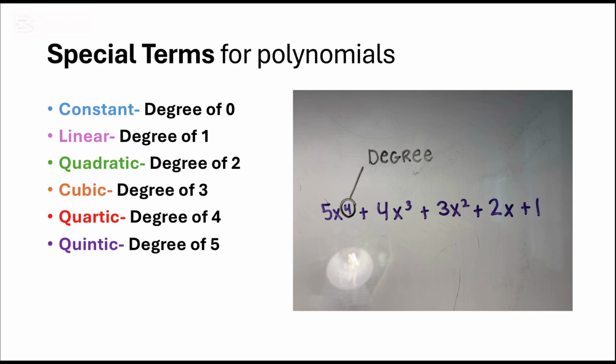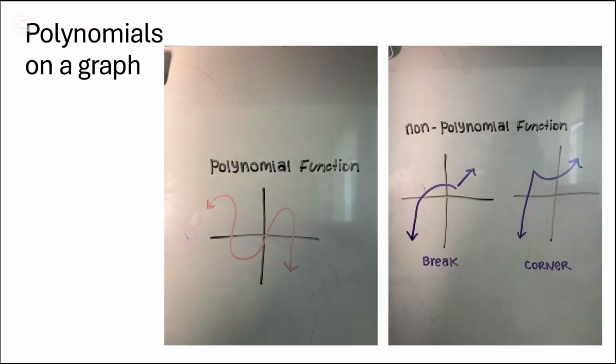Cubic must be a degree of 3, quartic must be a degree of 4, and quintic must be a degree of 5. So the example on the right has a degree of 4, meaning that the special term would be quartic.